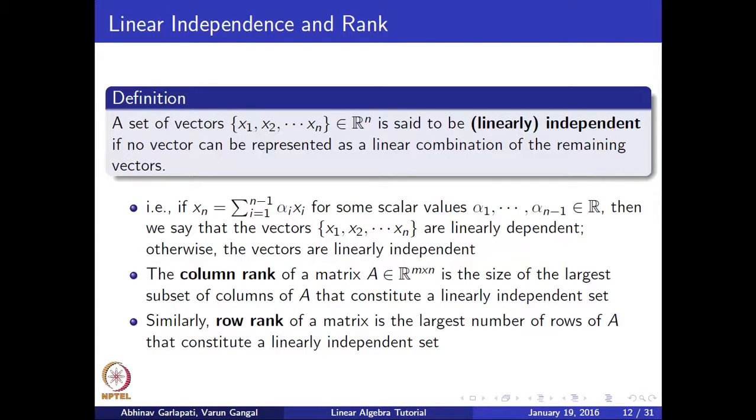So, the column rank of an m cross n matrix A is the size of the largest linearly independent subset of columns. Note that our columns here are m cross 1 vectors. The row rank is defined in a similar way for rows.